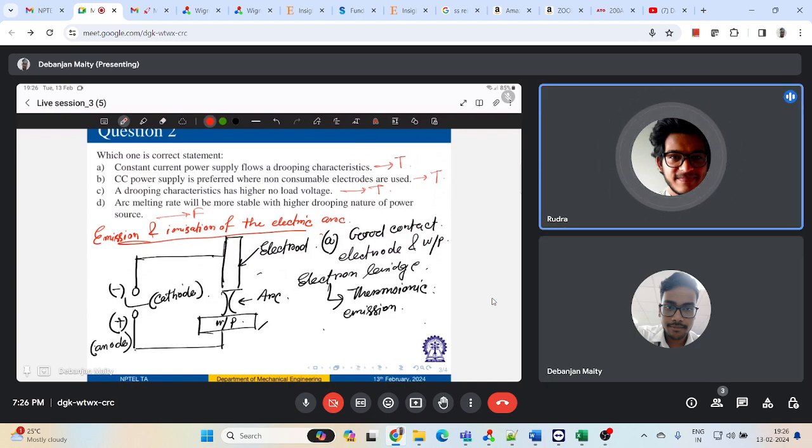Why false? It would be more stable, no? More stable with higher drooping rate of power source.